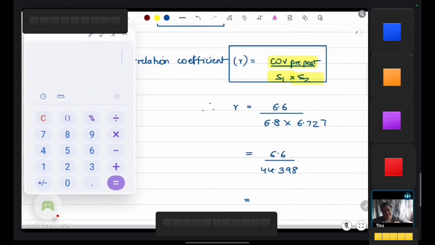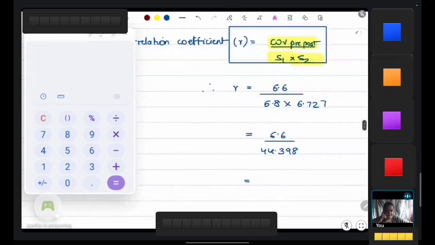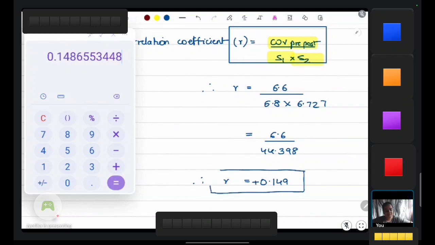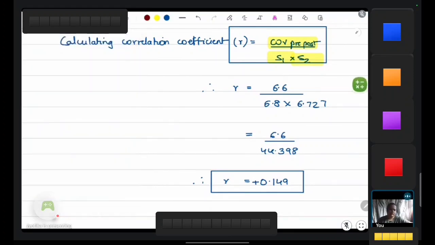Okay, now let me divide, and this answer is going to be R. So 6.6 divided by 44.398 gives me 0.149, and this is a plus. This is the correlation. Let's denote it with the plus sign just to be authentic.